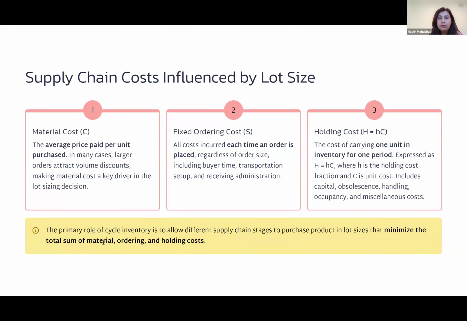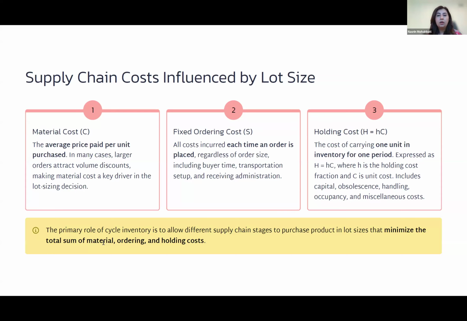I talked about cost a little bit, but it is important to understand that obviously, if we want to reduce the amount of inventory, we are saving some costs, but also there are some other costs. If we are increasing the amount of inventory we keep, then we have to spend some money on holding costs.